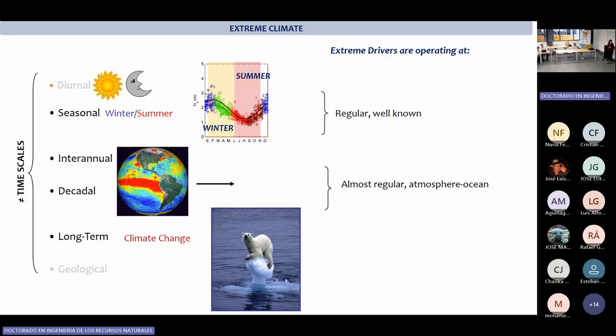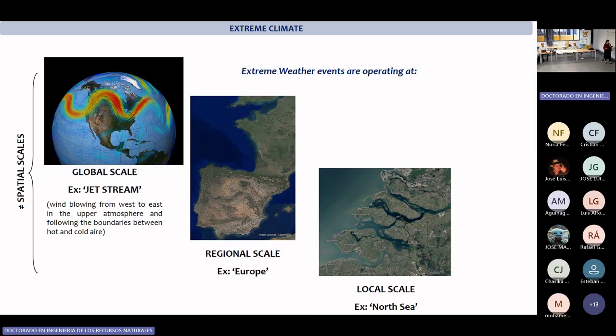Some scales are well known and others are not really solved. So the challenge is to understand the interaction between the different scales, as addressed at the beginning.